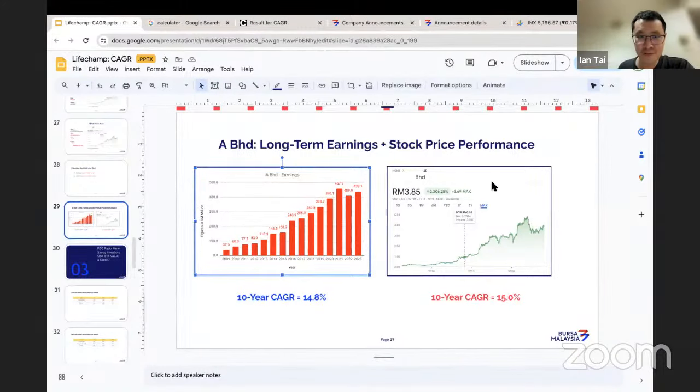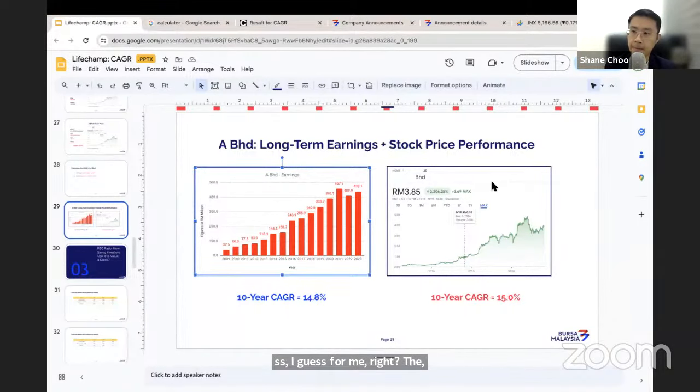For me, if I use CAGR on highly predictable companies, I will look at the longer term. For instance, if I look at companies that are value based, blue chip based, big cap based, then I will look at 10 years.